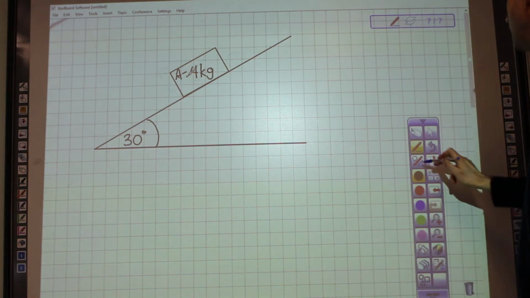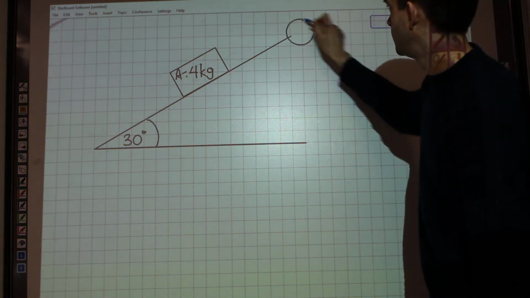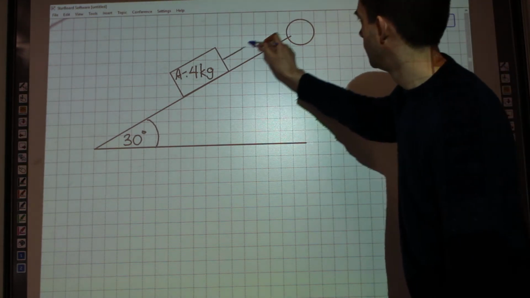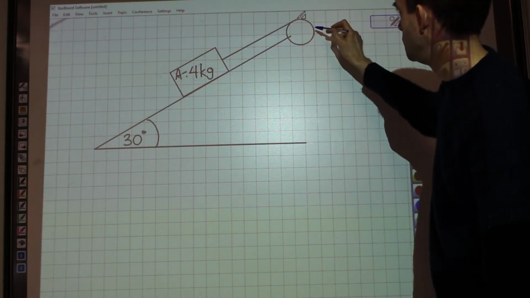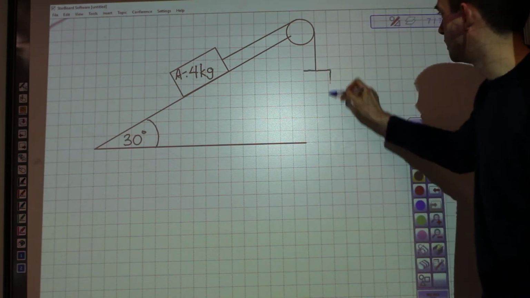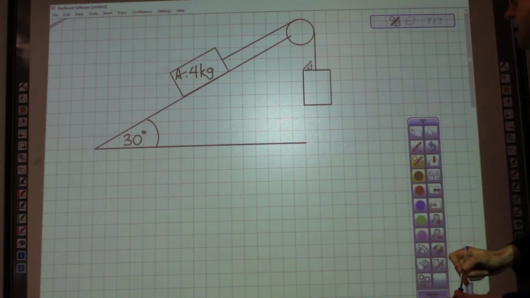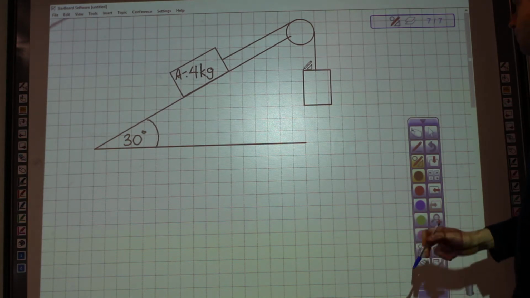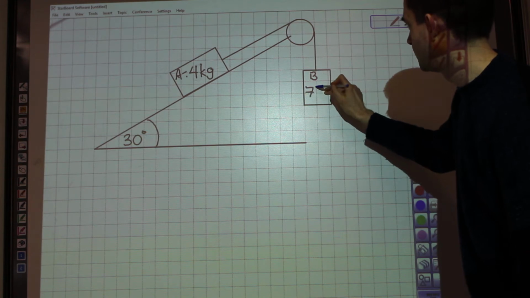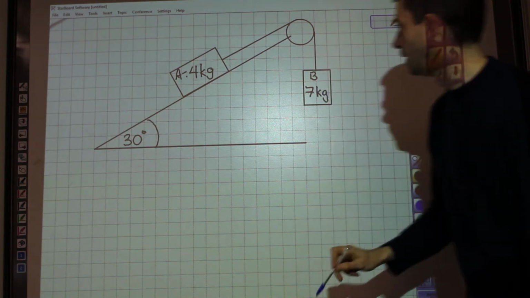We were told that it's connected by a light inextensible string passing over a smooth fixed pulley, and then we have another particle, particle B, which hangs freely, and we were told that particle B had a mass of 7 kilograms.